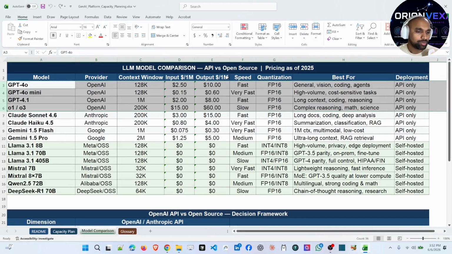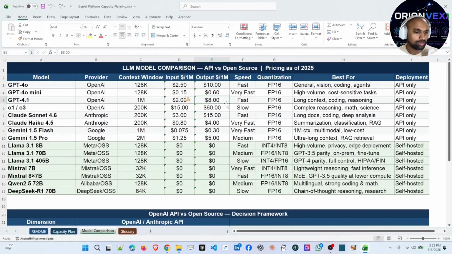Output tokens: GPT-4o is $10 per 1 million tokens. GPT-4o mini is $0.60, that's well less. GPT-4.1 is around $8 per 1 million output tokens, whereas O1 or O3 output is $60 per 1 million.